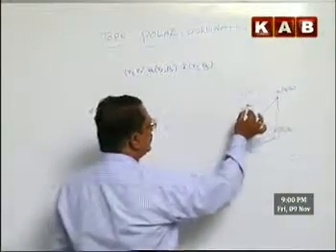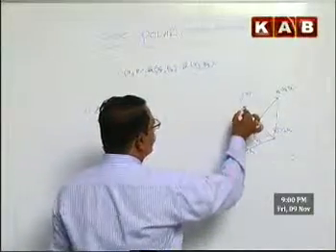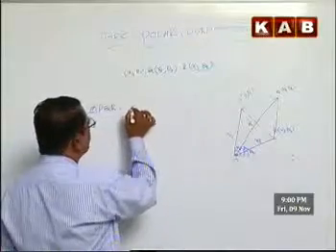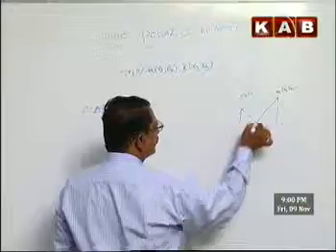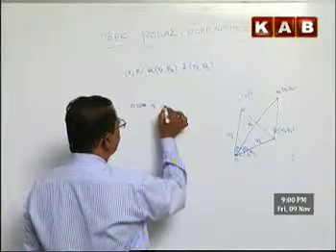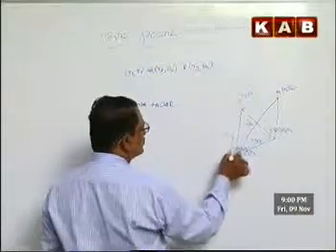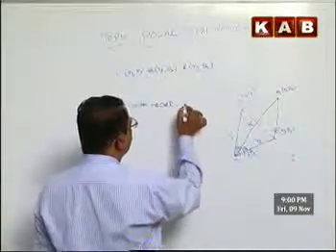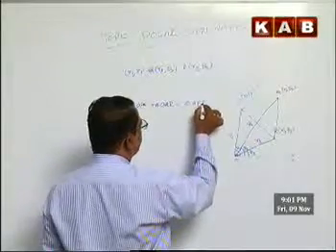Area of triangle PQR equals area of triangle OPQ plus area of triangle OQR minus area of triangle OPR.